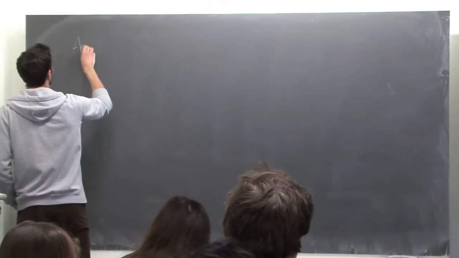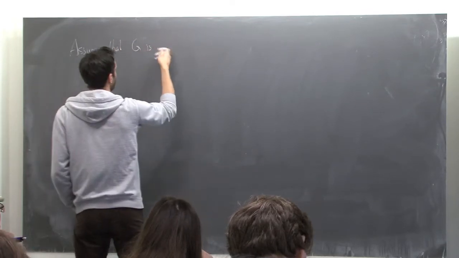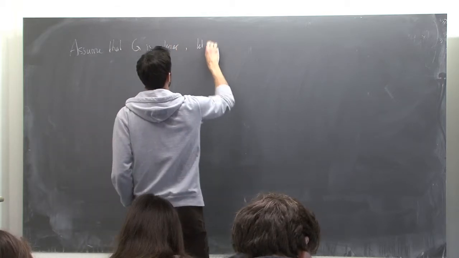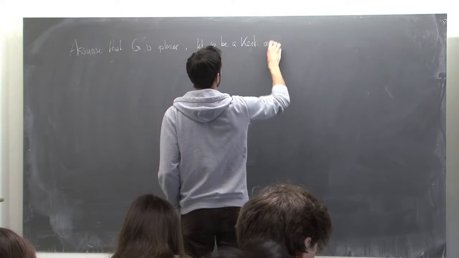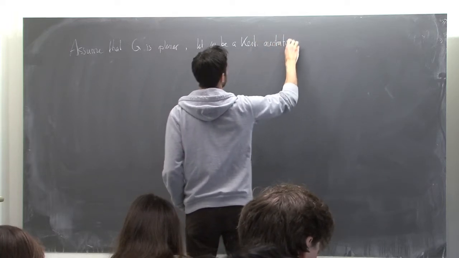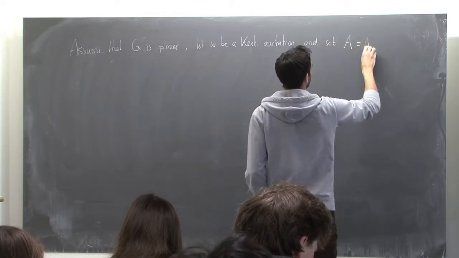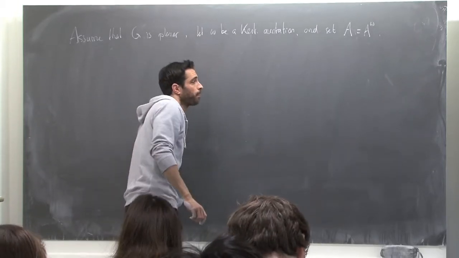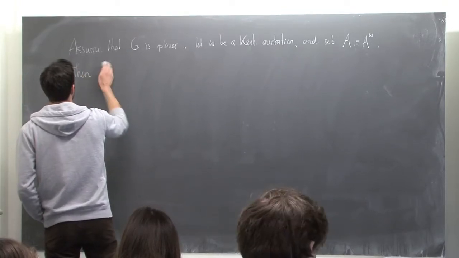So let's see this. Assume that G is planar. Let omega be a Kasteleyn orientation, and I'm going to write A for the corresponding Kasteleyn matrix.